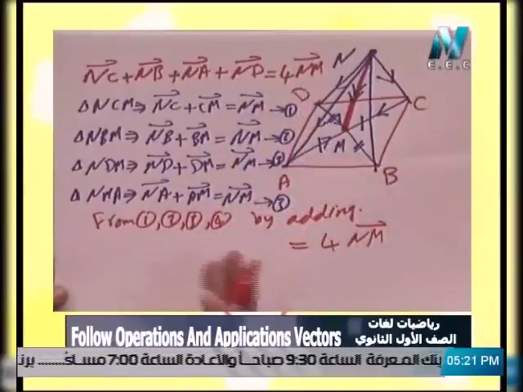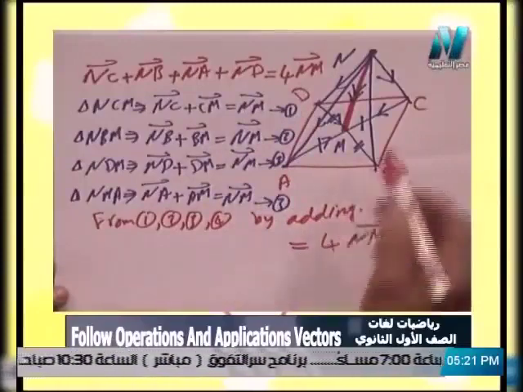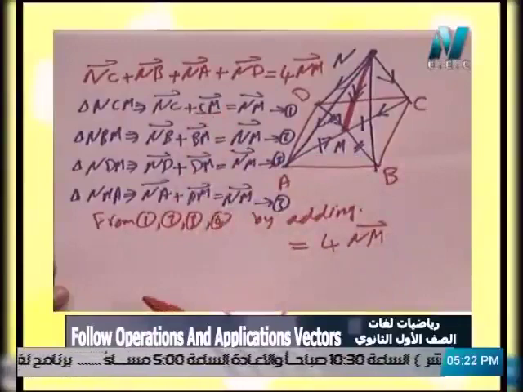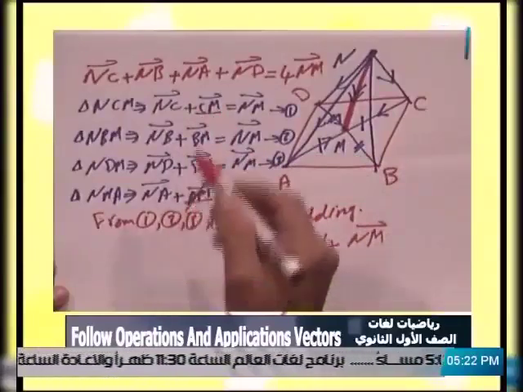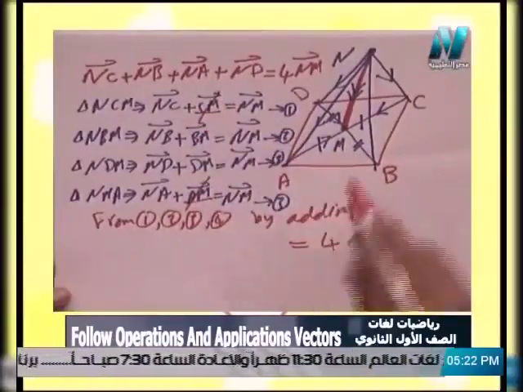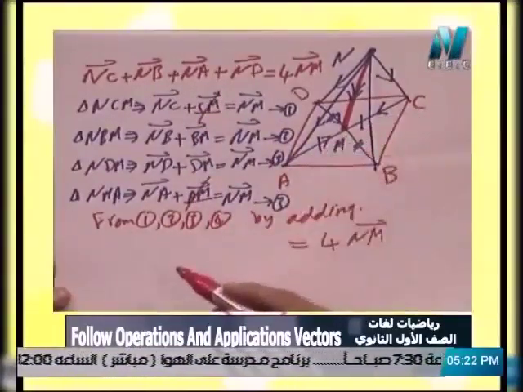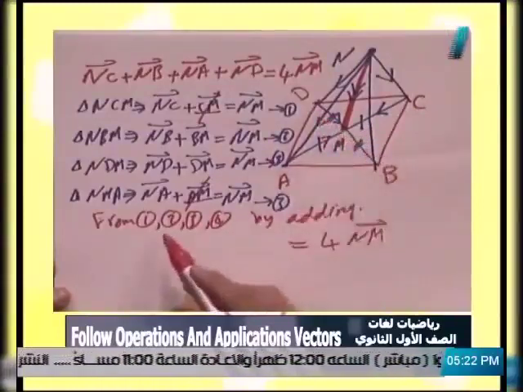Look carefully at the left side. We search for CM and AM. We have CM here and AM here, and they cancel each other because they are equal in magnitude but opposite in direction. Search also for BM and DM.